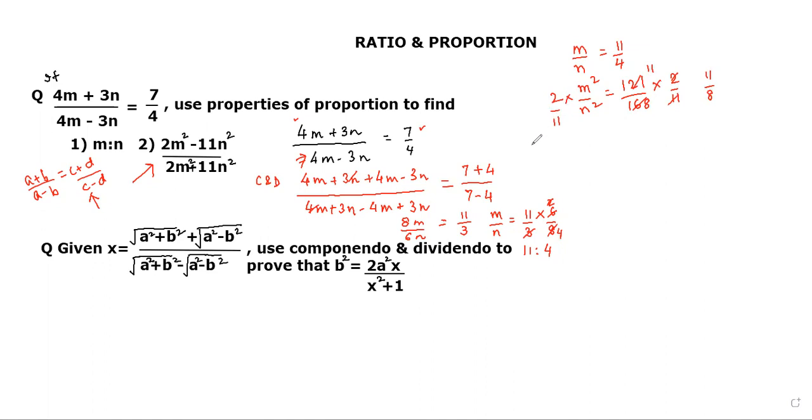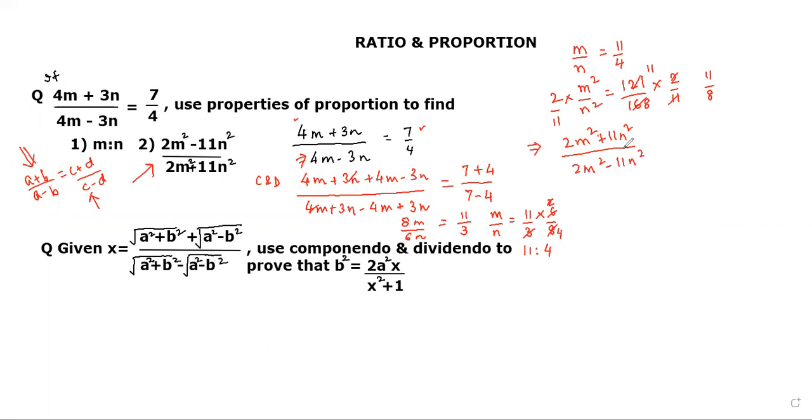Now, time to do componendo and dividendo. 2m square upon 11n square. Now, if I do the componendo dividendo, I get A plus B. I hope now you can see this formula. A plus B means (2m square plus 11n square) whole upon (2m square minus 11n square).